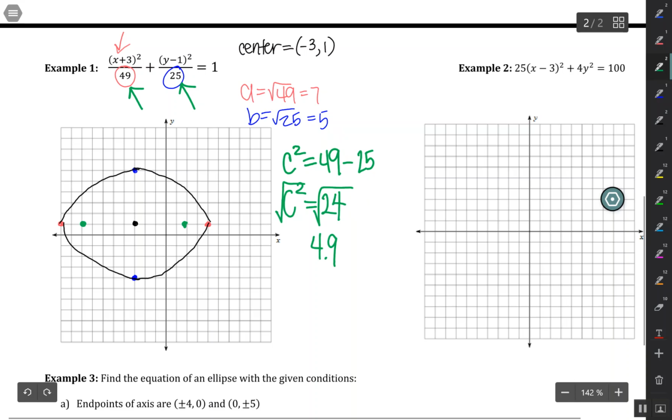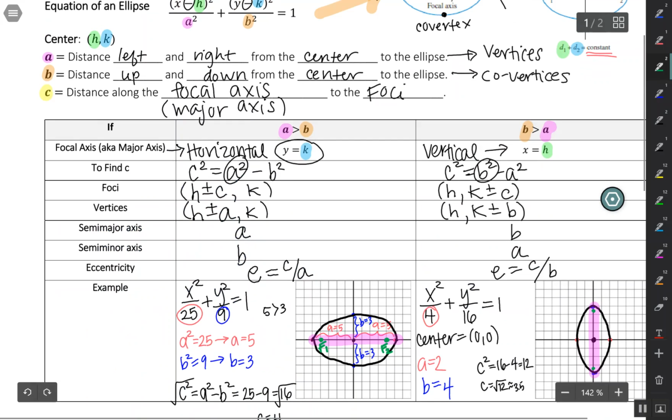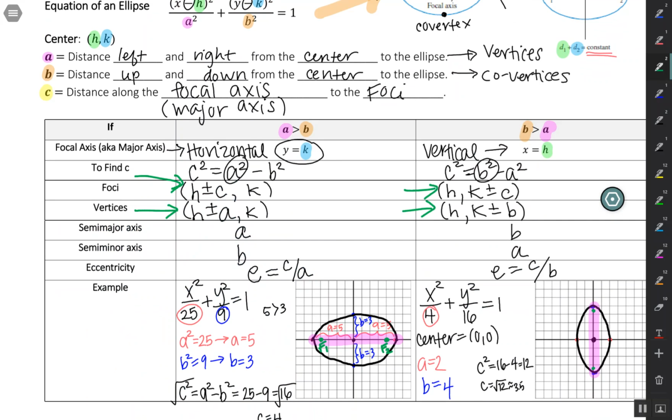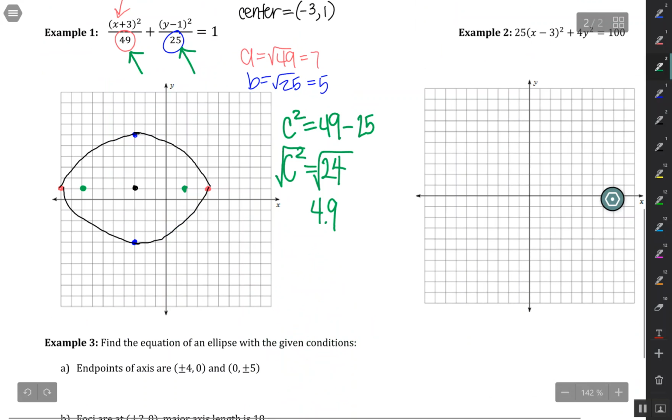Okay. Now in MyMathLab in your homework, you're going to have to give the exact coordinates of these points. And so that's where you're going to want to use these formulas, especially if your a and your b or your c are not nice numbers. Like I could see exactly where this vertex is right here. That's the point 4, 1, right? But where exactly is this green one?